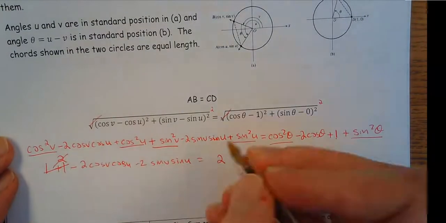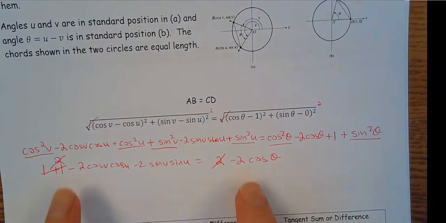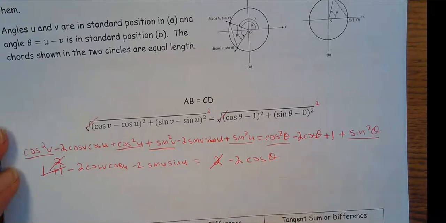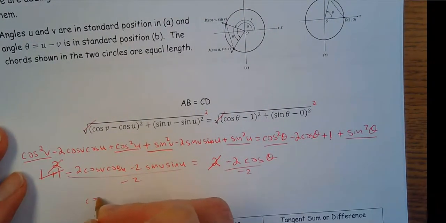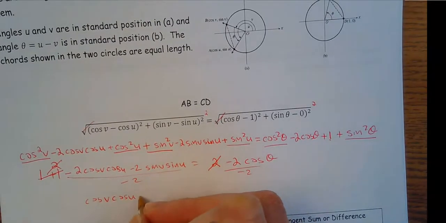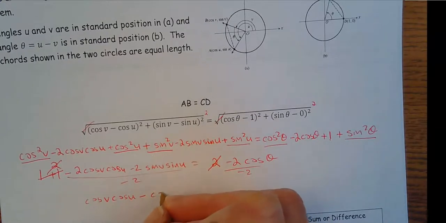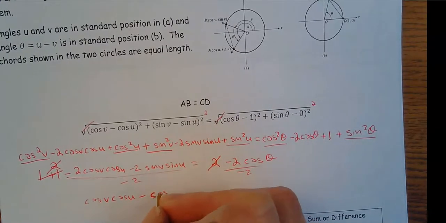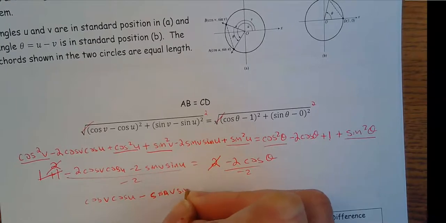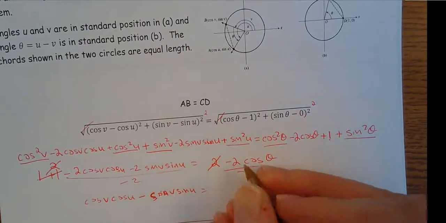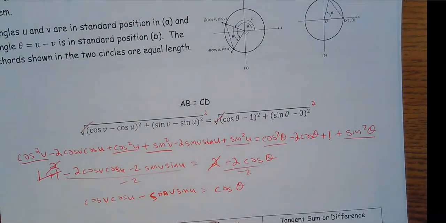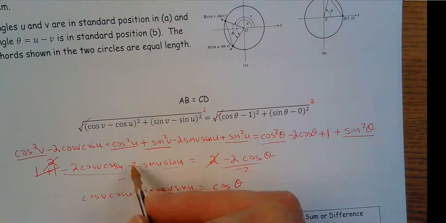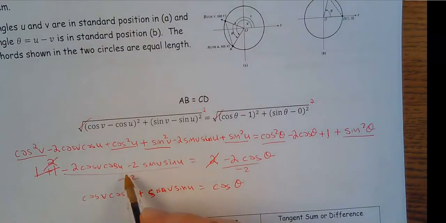If I divide everything by negative 2, I get cosine V cosine U plus sine V sine U, and that equals cosine theta. Actually, this one should be a plus here too. I just caught that.